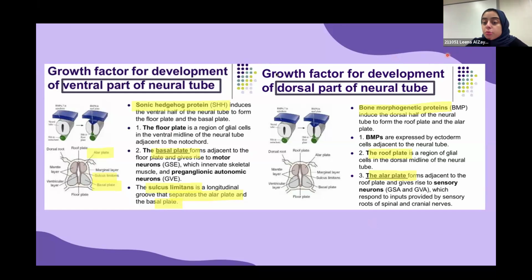On the other hand, the roof plate creates the dorsal midline, so it makes the midline in the back, unlike the floor, which makes the midline in the front. And the alar plate makes the sensory neurons and provides the root of the spinal and cranial nerves, okay? So basal creates the motor neurons and preganglionic autonomic neurons. The alar makes the sensory neurons, which respond to input of the sensory root of the spinal and cranial nerves, okay?